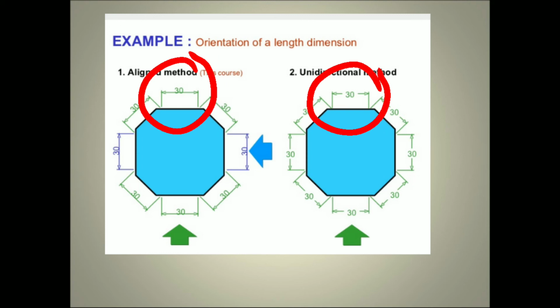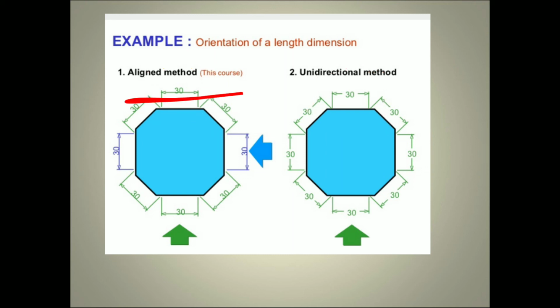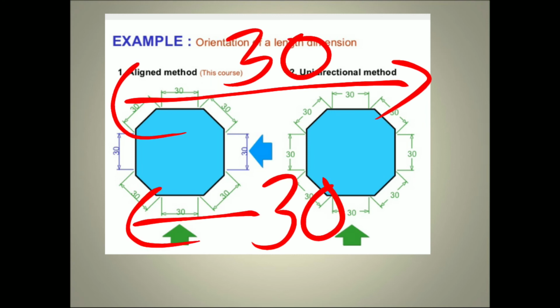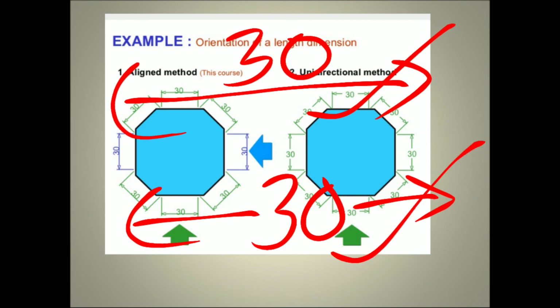That means the dimension line is broken here. That is called the unidirectional method. For example, this is the dimension line, this is the aligned method. If we place the number in between the dimension line, meaning the dimension line is broken here, this method is called unidirectional.